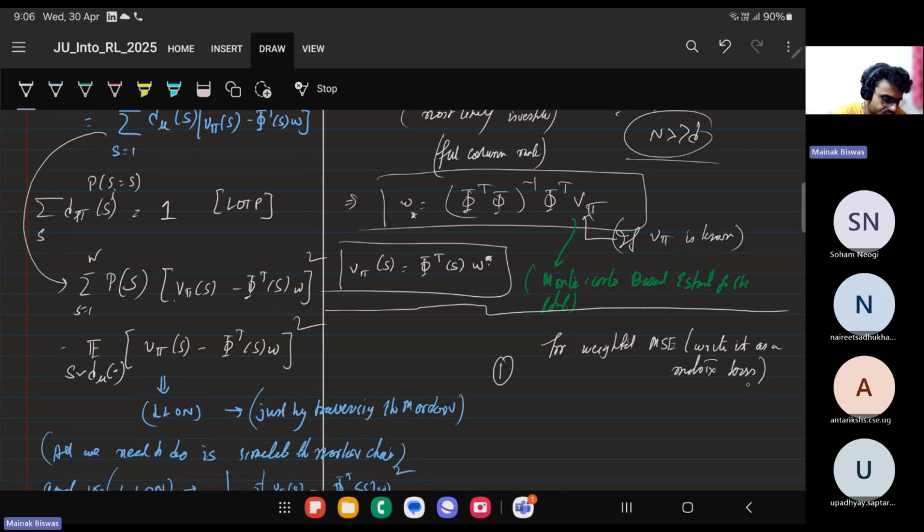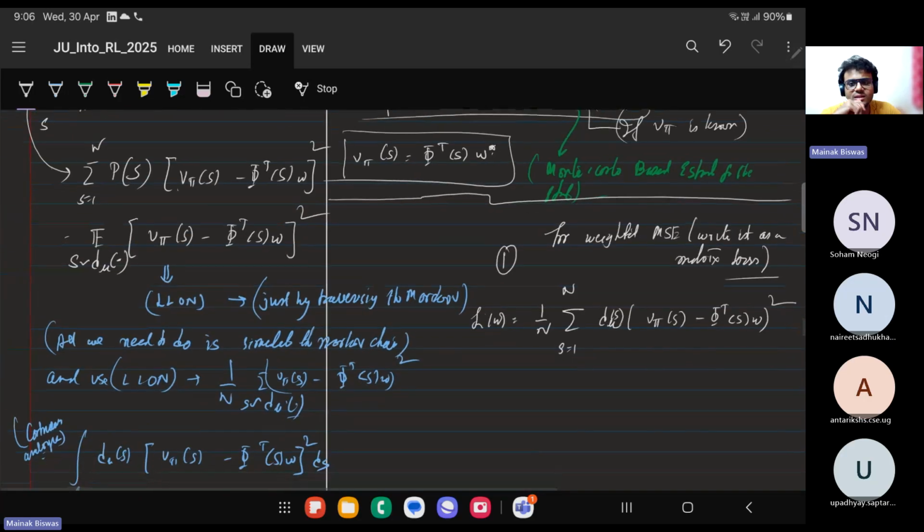Matrix based loss. So L of W, as we have seen, is the sum over S equal to 1 to n of d mu of S times (V pi of S minus phi transpose S W) squared. Fine, we have seen this. Can you tell me how I can write this as a matrix equation? Anyone, any idea?